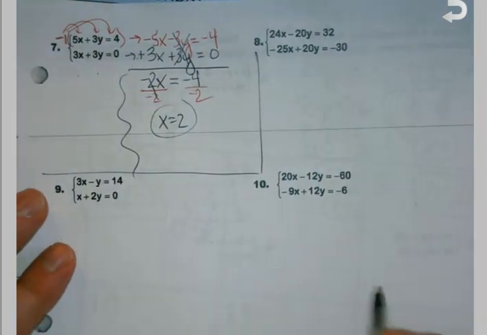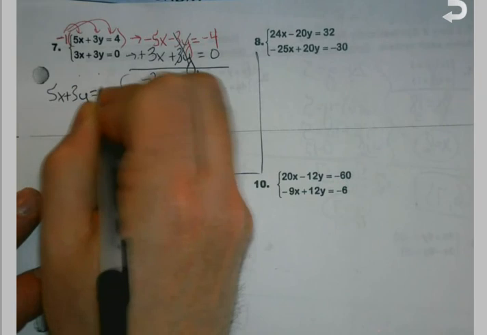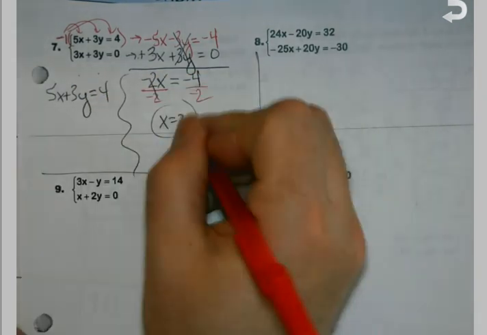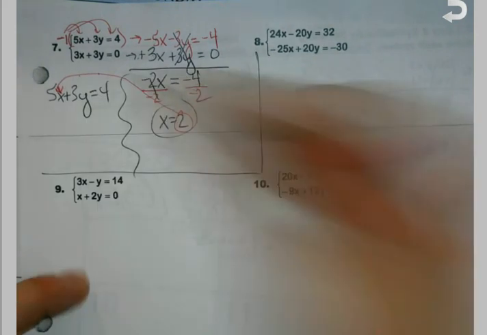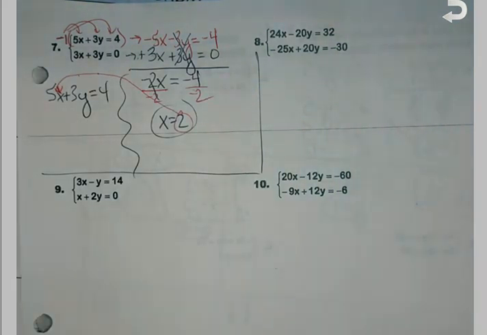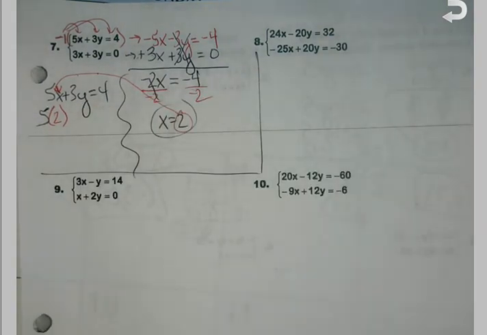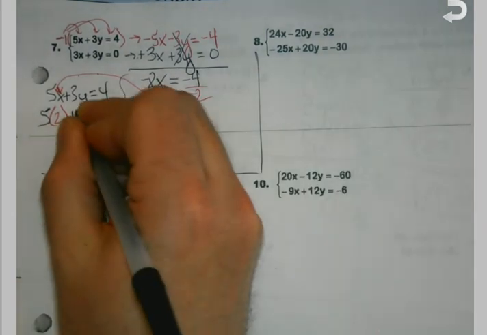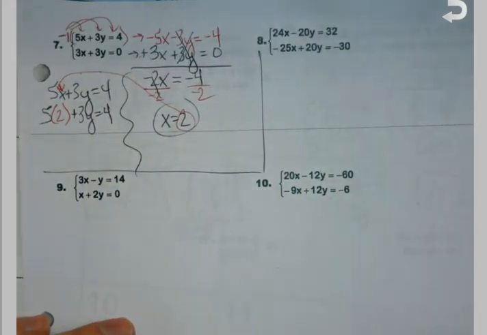And then like we've been doing all along, I'm going to take that top equation. If you ever see one that looks easier, I say use the easier one. Plug it in for x. So I replace the x with my x value, the 2. The 5's still there. I'm going to get a little tight on space here.